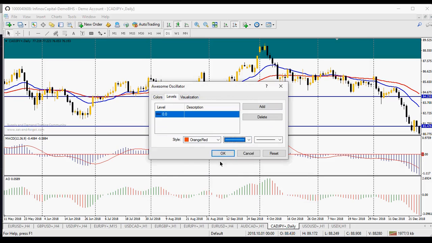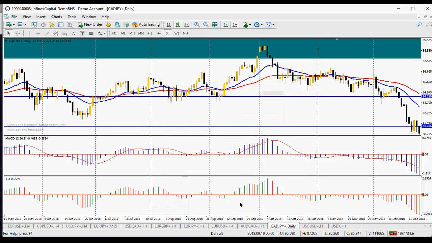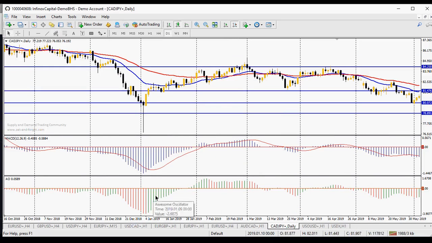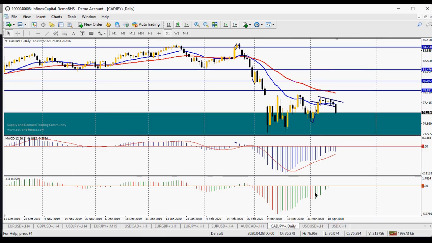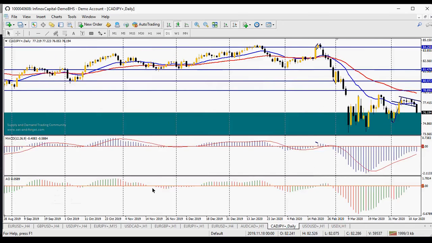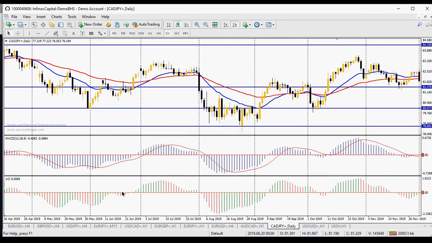So the one that suits you, you can use. It's just a modification of the MACD, but this time around it gives it colors, red for going down, green for going up. So it just helps those who need some more visuals to understand how the trend is moving. Okay, so awesome oscillator is a custom modification of MACD.